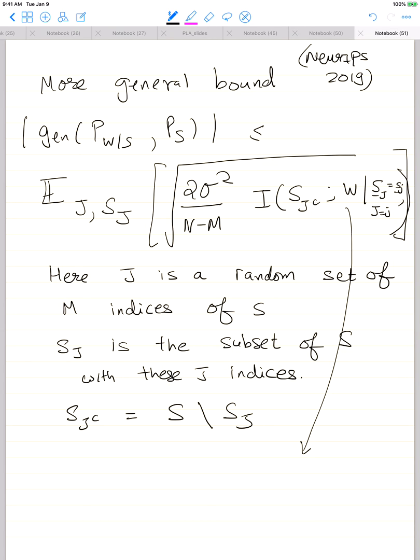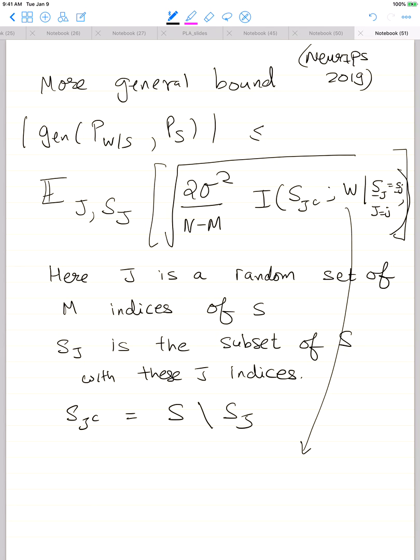Here, the easiest way is to take J to be n minus 1. So you can condition on all but one example from the training set and look at the mutual information between the model parameters and the missing example. You can compute that.